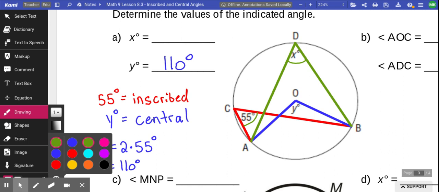So these two are the same. That means 55 degrees is angle X because it's also an inscribed angle connecting points A and B.